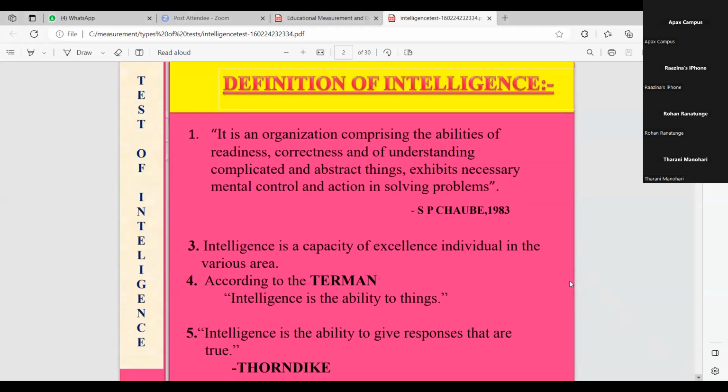So we have definitions of intelligence. Just read these definitions for you. Just give me a minute.